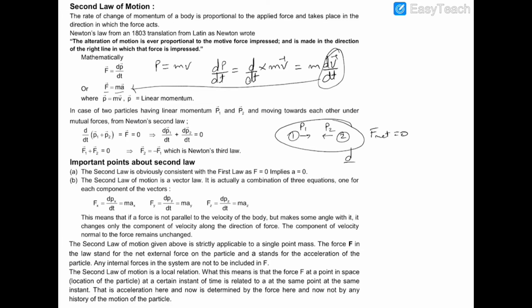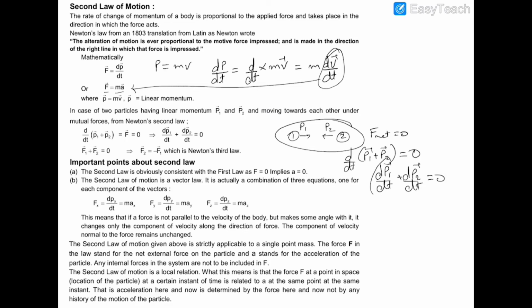So the rate of change of the sum of the momentums will be 0, because the net force acting on the system is 0, which means dp1 upon dt plus dp2 upon dt will be 0.